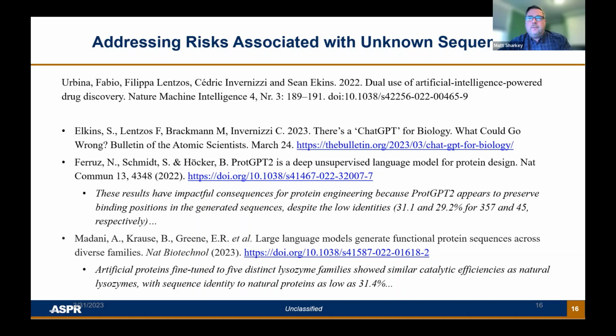So I think that this kind of validates where we were thinking, that it's increasingly becoming possible to design new sequences that have a function that is already known, and we envision that actors with malintent may try to use these models to order bad functions or sequences of concern, functional sequences of concern that have unique sequences.